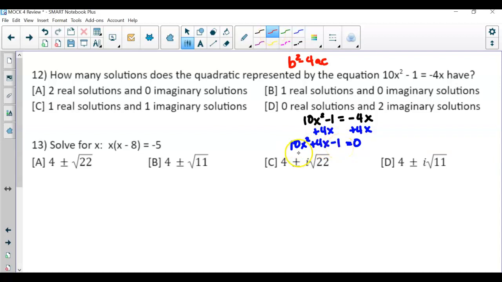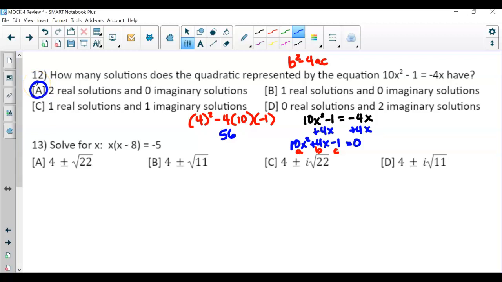Now I can identify my a, b, and c. So b squared, which is 4 squared, minus 4 times a, which is 10, times c, which is negative 1. So now when you put all that in the calculator, or calculate by hand, you get 56. So because this is a positive discriminant, that's why the answer is A.